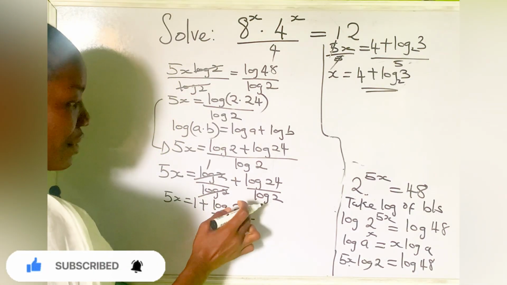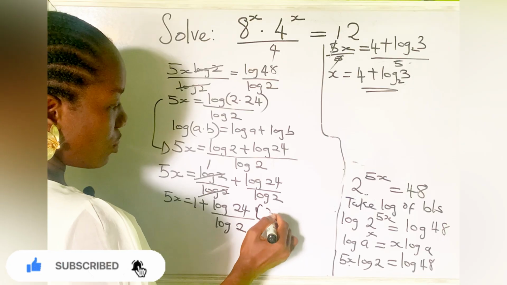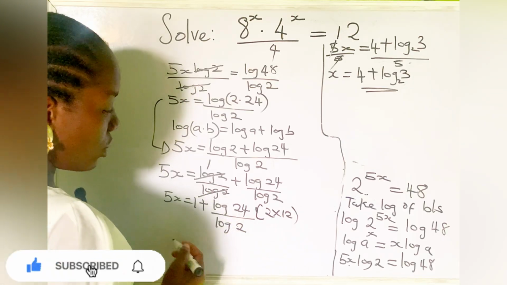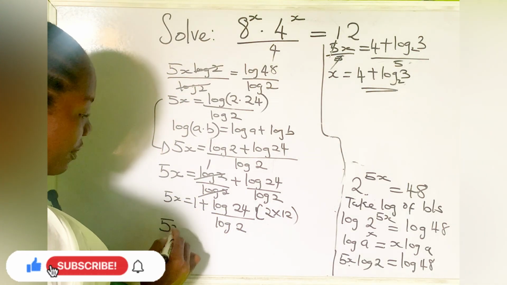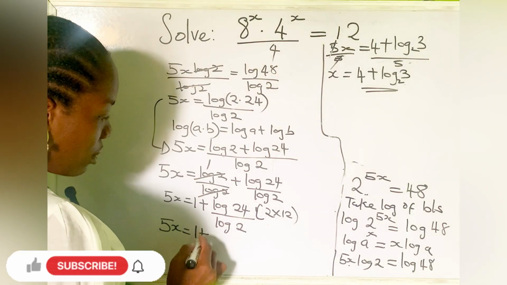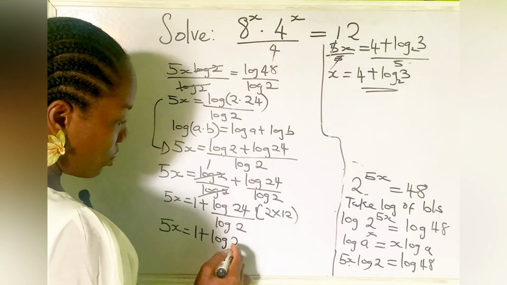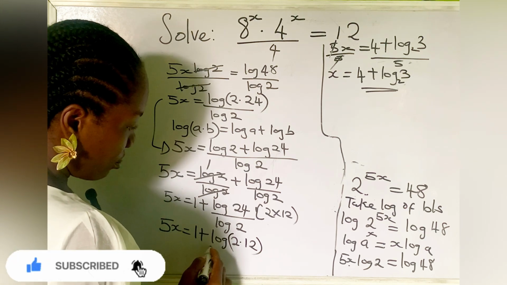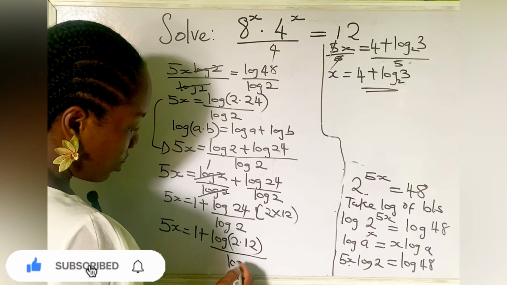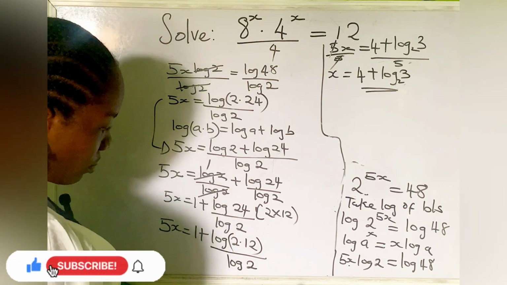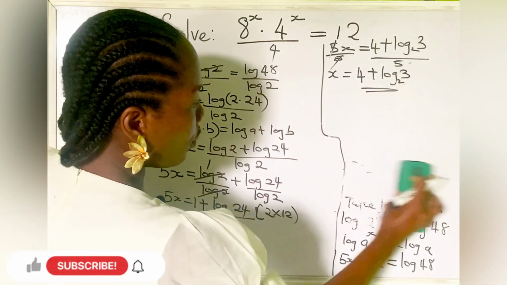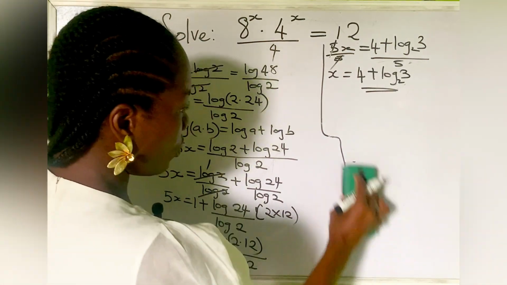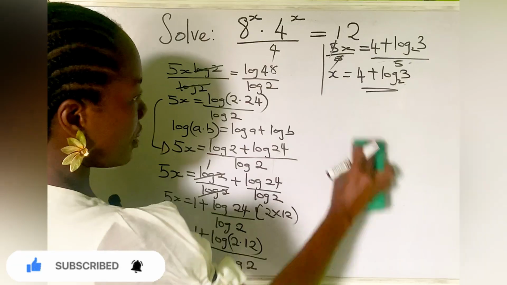Now we can write 24 as 2 multiplied by 12. So it now becomes 5x is equal to 1 plus log 2 multiplied by 12 all over log 2. I don't want to wipe off this first solution so that we can refer back to it.